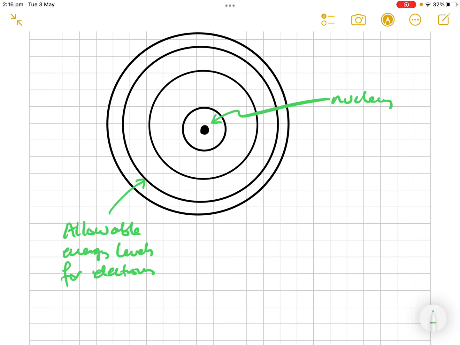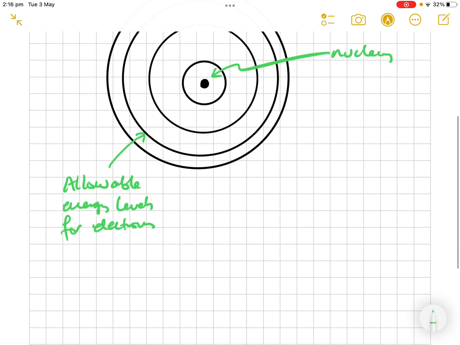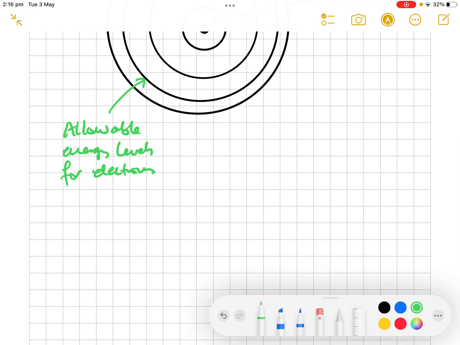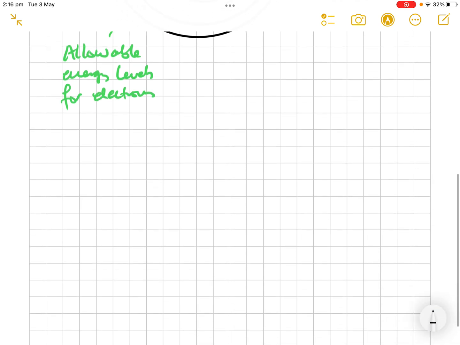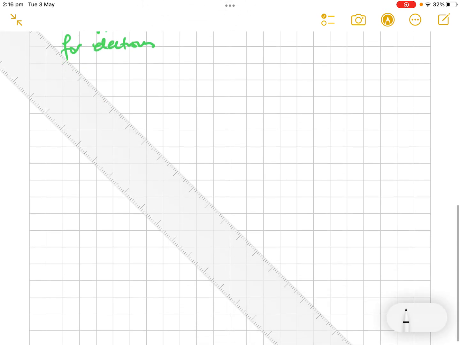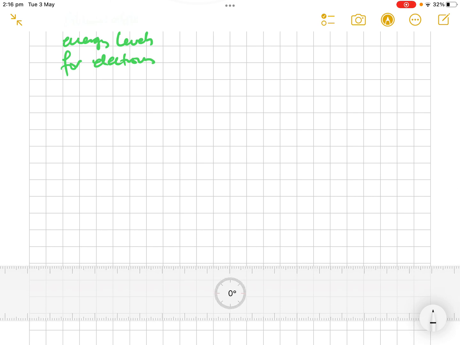Now, when we're drawing these energy levels, it's a bit inconvenient to have to draw the circles all the time. So what we do is we just draw a small section of them, and we just draw them as flat lines. So something like this, for example.